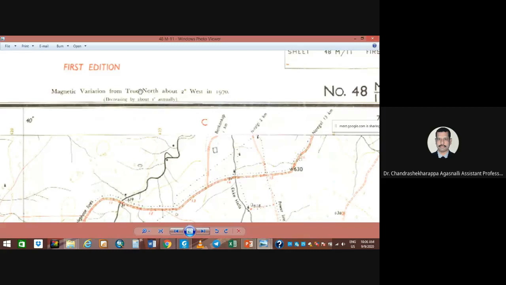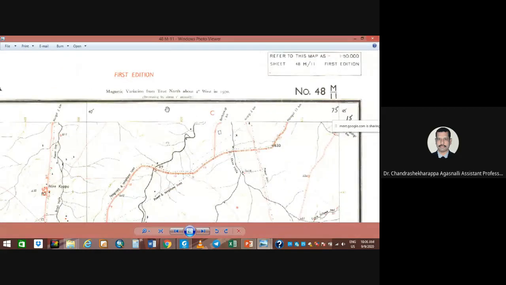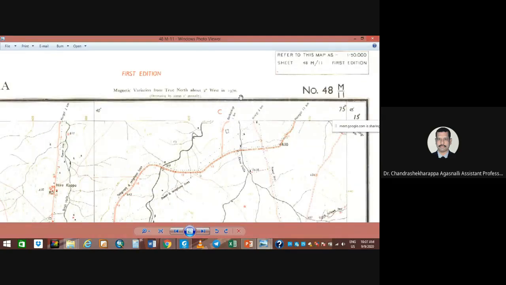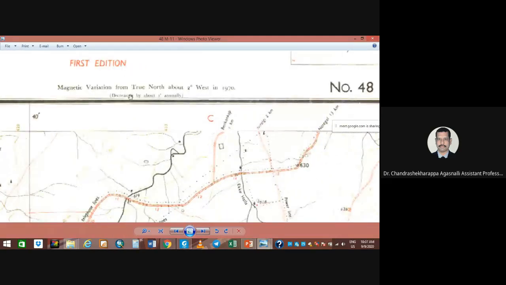Okay, and here we also discussed the variation of magnetic north and true north. See here, magnetic variation from the true north is about 2° west. Okay, that is surveyed, especially in 1970 when they surveyed the features of the earth.